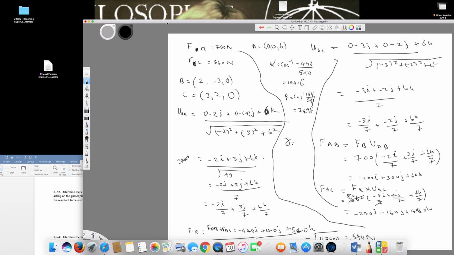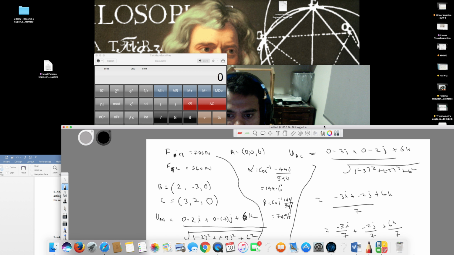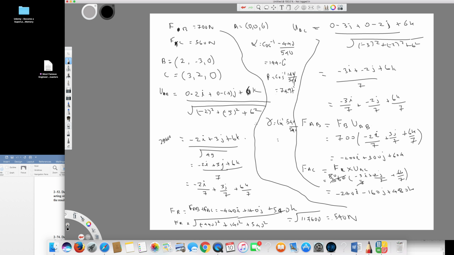Oh, that's going to be interesting. 540 divided by 540 is 1, and cos inverse of it is zero degrees.